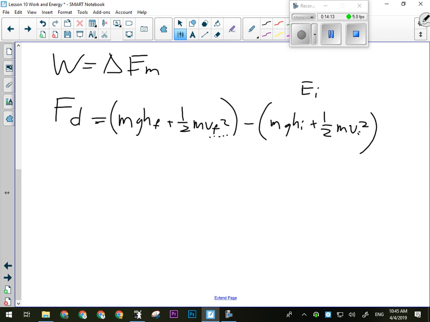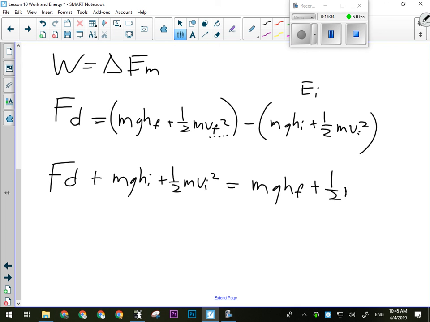Okay. So I'm going to have force times distance plus my initial mechanical energy, which is m times g times h initial, and I have all those numbers, plus 1/2 m v initial squared, and I have that number as well. That equals m times g times h final plus 1/2 m v final squared.